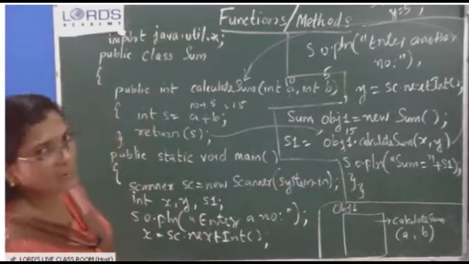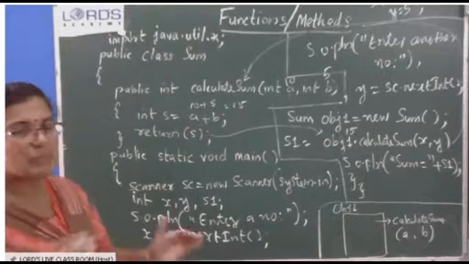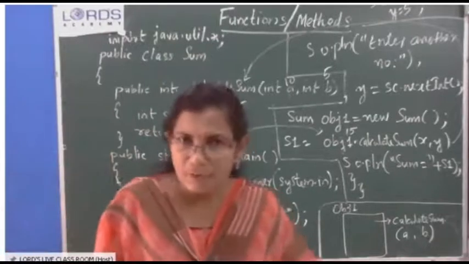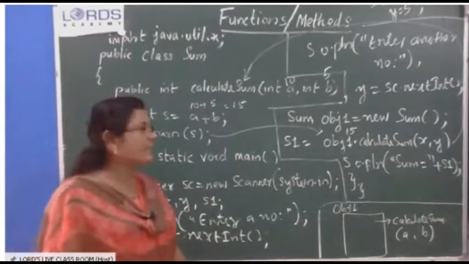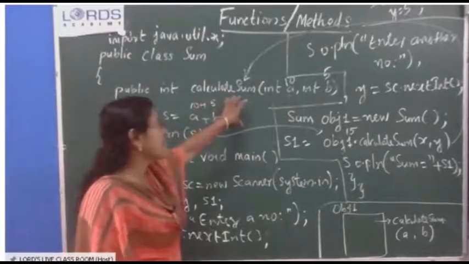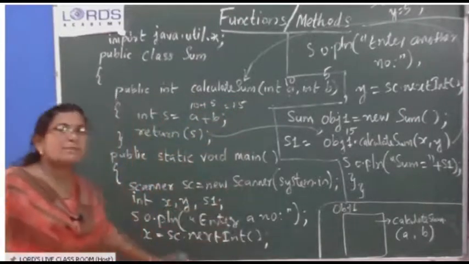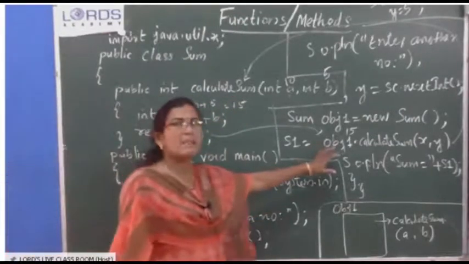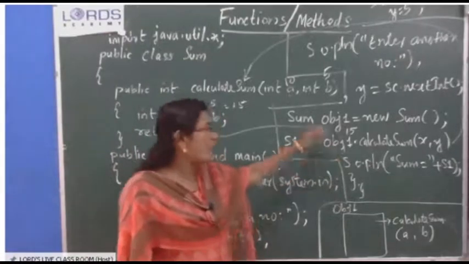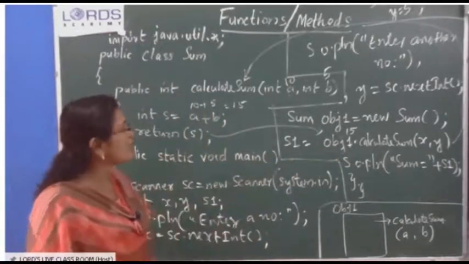In this, I would like to explain to you the concept of actual parameter and formal parameter. I hope everybody understood how the calculateSum method is invoked by creating an object in the main method, and how the values are got back to the main method. Okay.